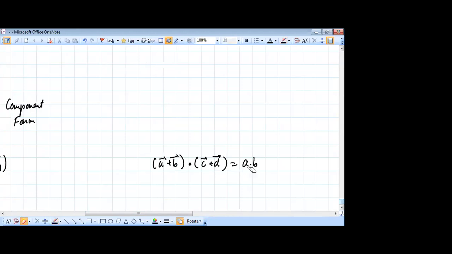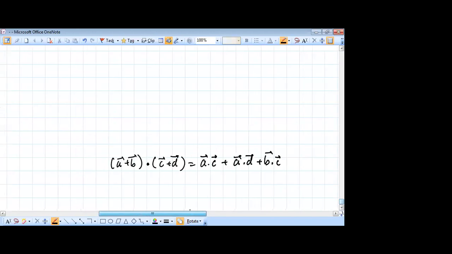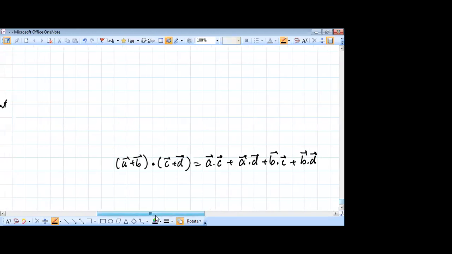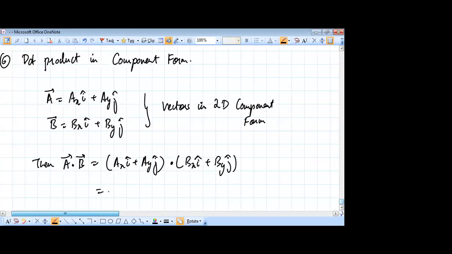C plus A dot D plus B dot C plus B dot D, so in four terms we can open it individually. So that thing we'll do with this now using the distributive property.